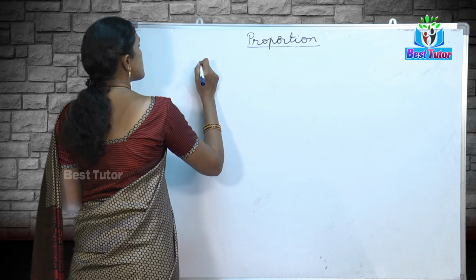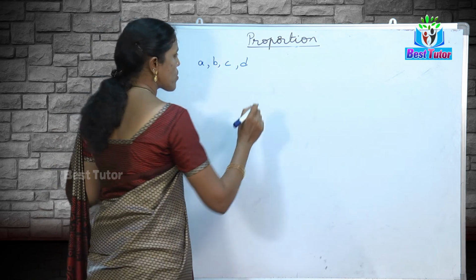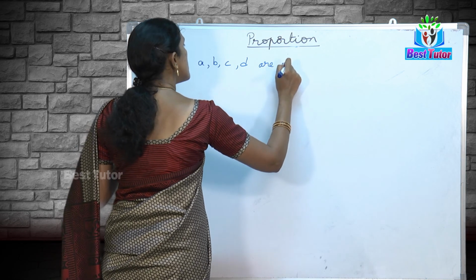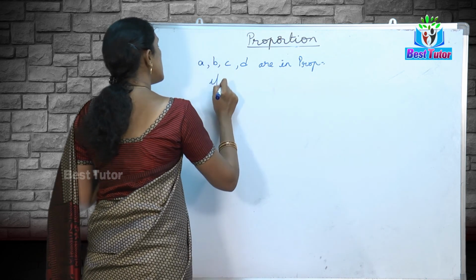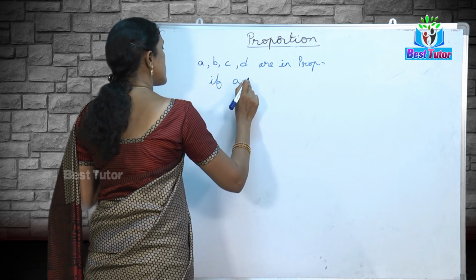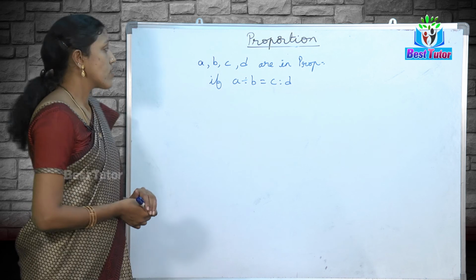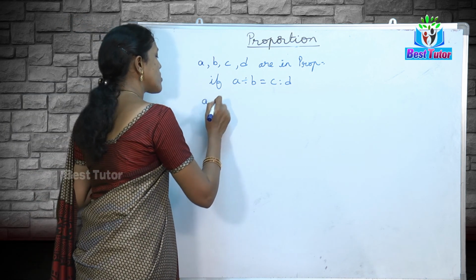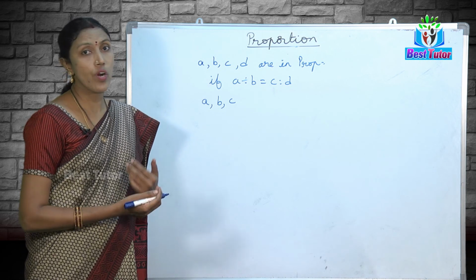4 terms A, B, C and D are in proportion if A is to B is equal to C is to D, right? But if I have only 3 terms A, B, C in continuous proportion, what does it mean?